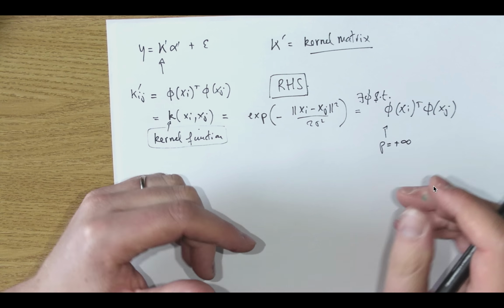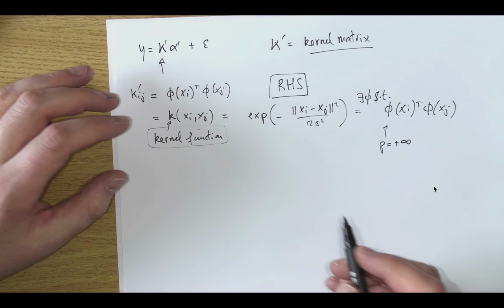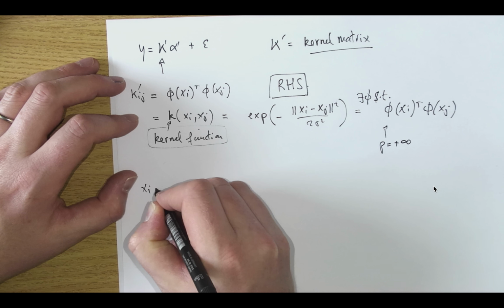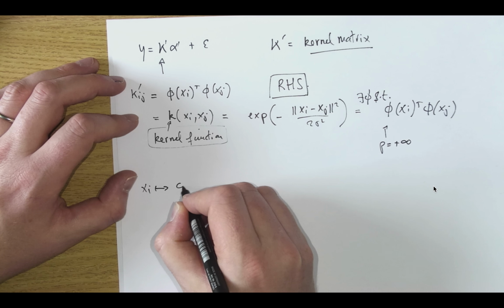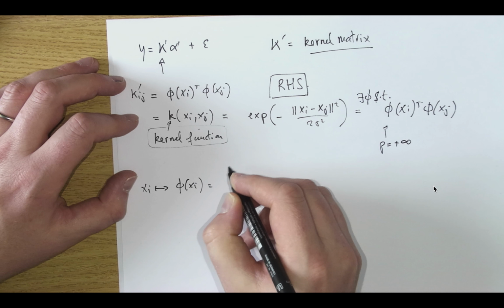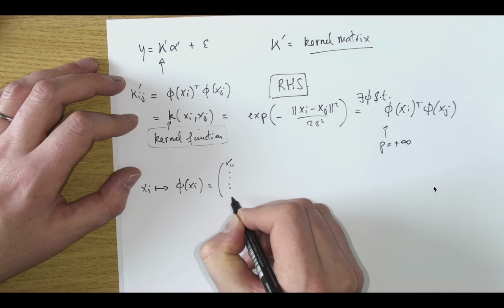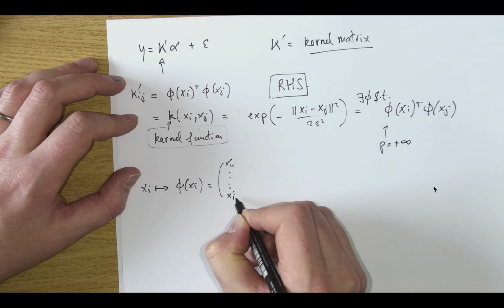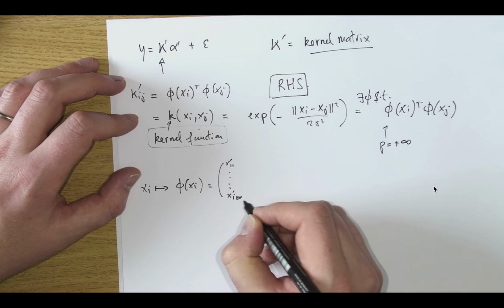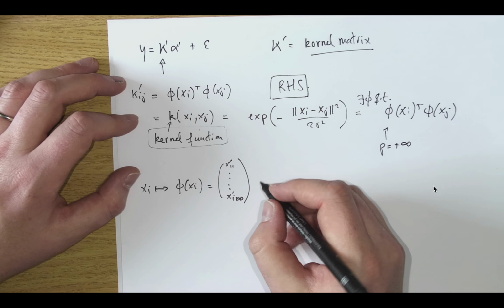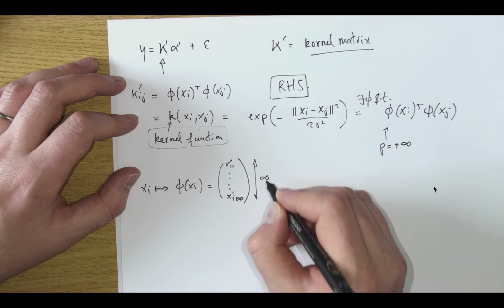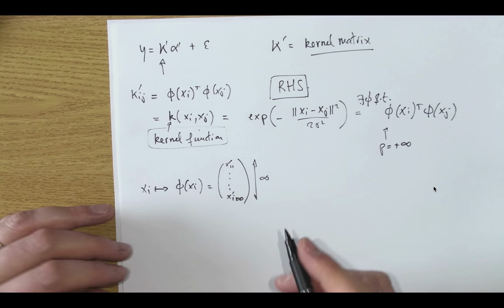xi into infinite dimension. Okay, so we say xi is mapped into something called phi of xi, which is a new vector. Okay, and this is of dimension infinity. Okay, so there's an infinite amount of these elements.